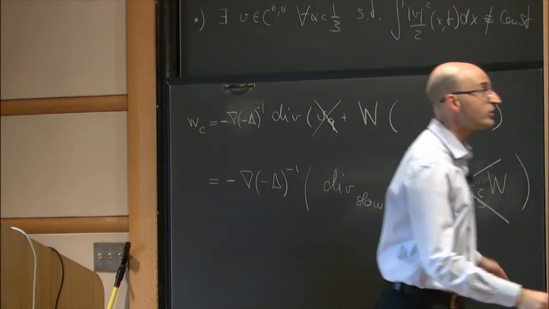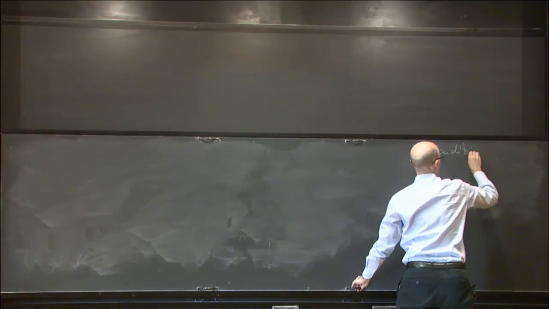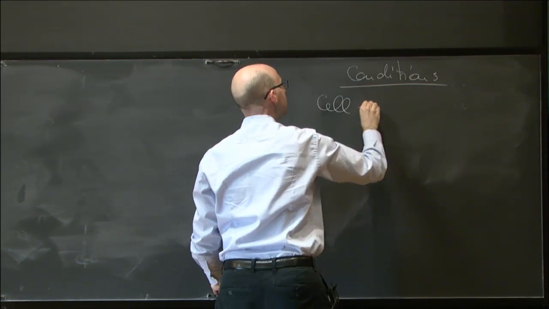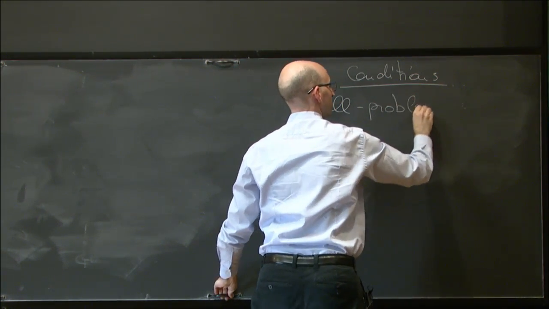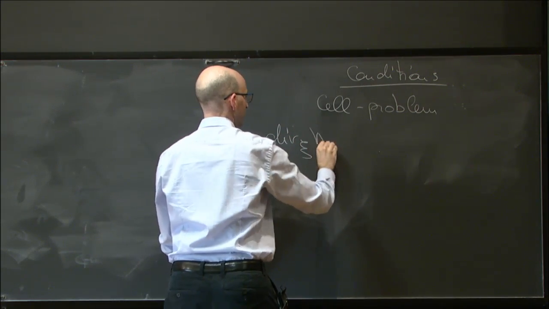So if I want to kill this guy, it means I now got a condition. By following somewhat similar computations, I will get a set of conditions on my big W. So let me write this condition over here. This is what we call, I will tell you later why, the cell problem. So the first condition that we got is that the psi divergence of W is equal to 0.